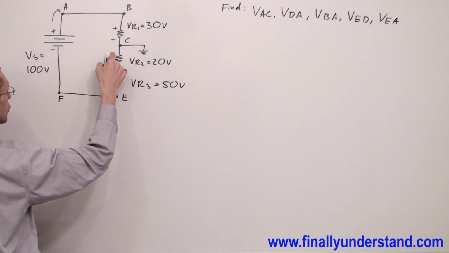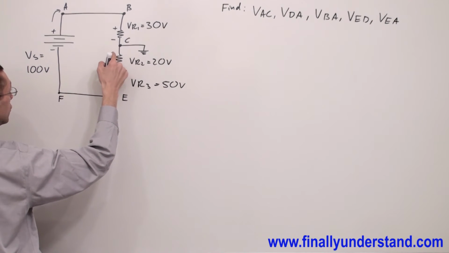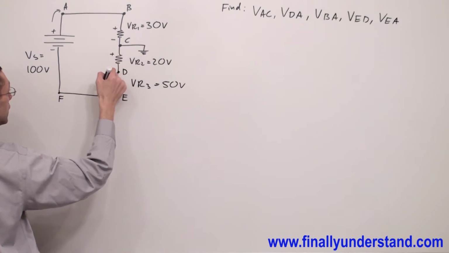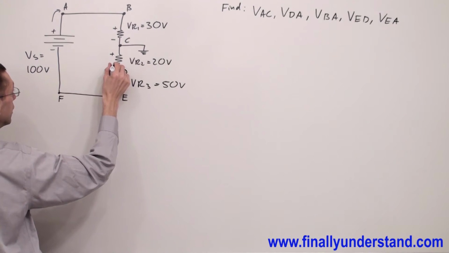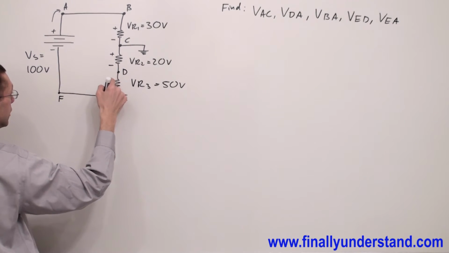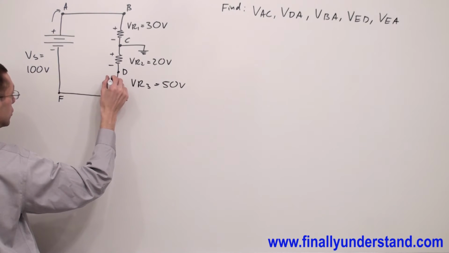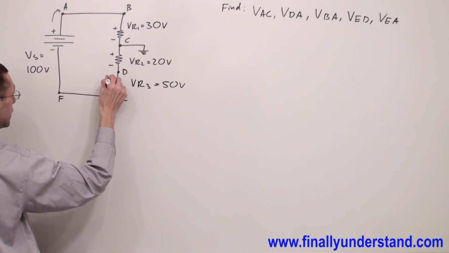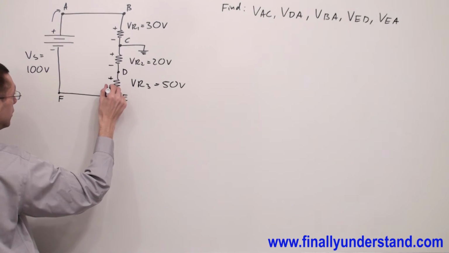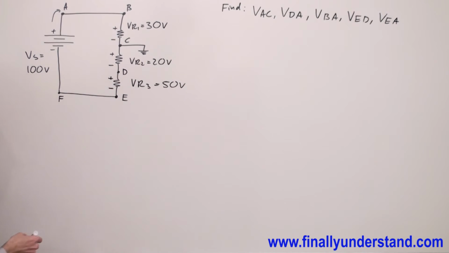Current enters this resistor from this side, so I write positive over here and negative over here where it leaves. Current enters this resistor from this side, so I have positive over here and negative over here. Next, I'm supposed to just add the voltages together.